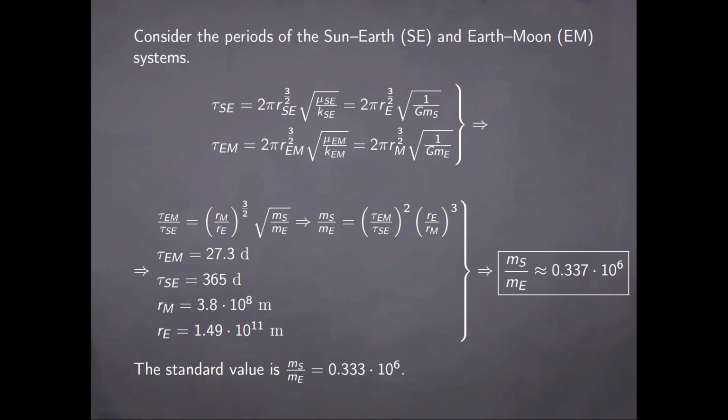We know the radii in meters, and as such we can calculate the ratio of the masses for the Sun and Earth to be given by the value here, and the standard value is this one. So you can see we can obtain a very good agreement with the standard value by a simple application of Kepler's third law and these known constants.